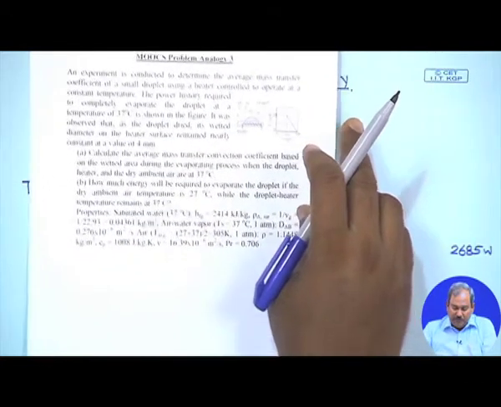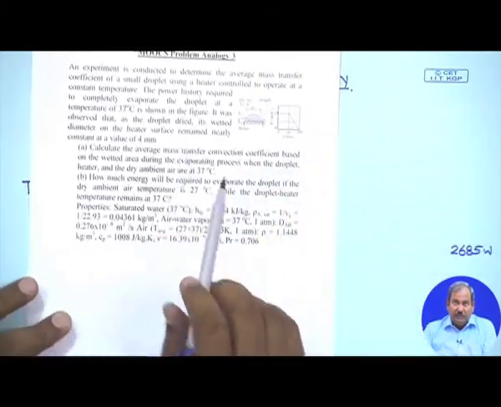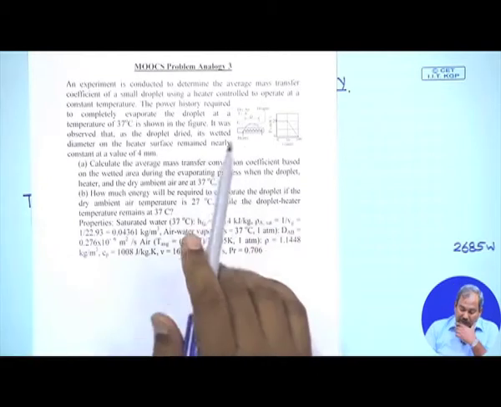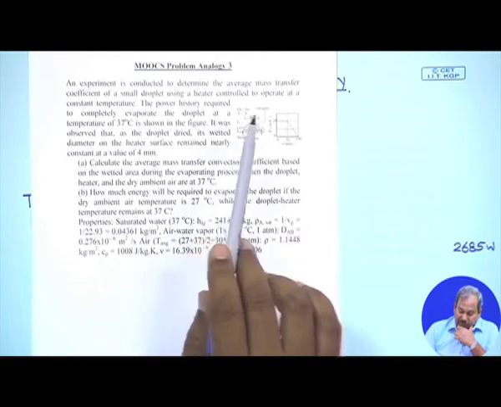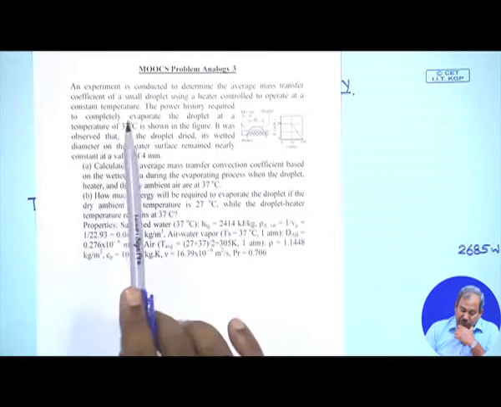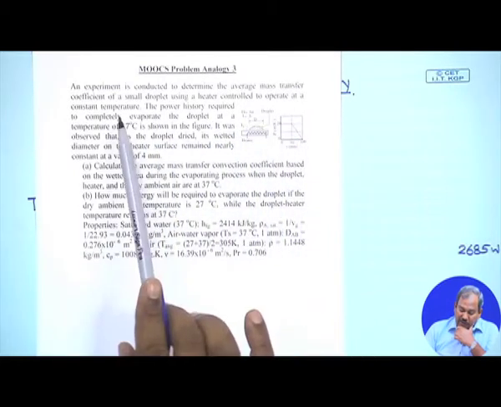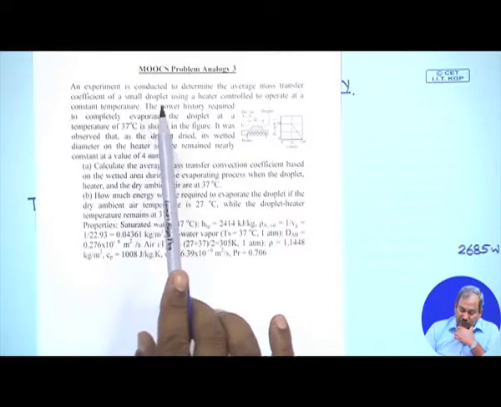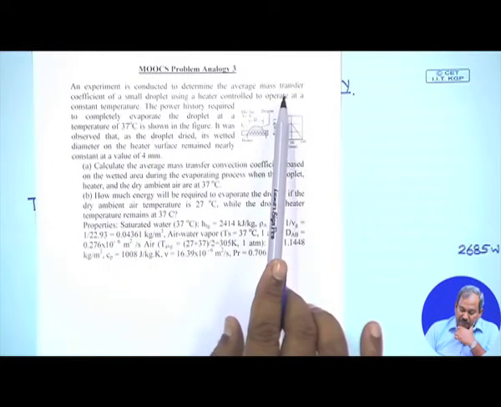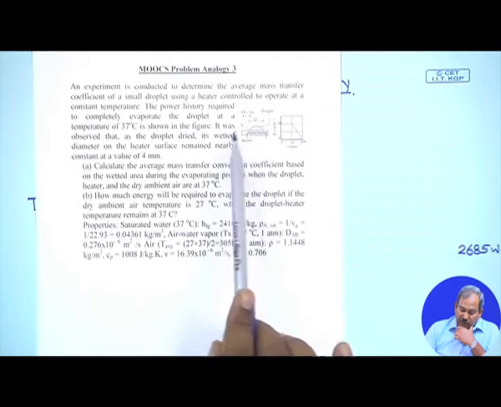This brings us to the formal statement of the problem: an experiment is conducted to evaluate the average mass transfer coefficient of a small droplet using a heater controlled to operate at a constant temperature. So, our aim is to obtain the mass transfer coefficient of this small droplet.